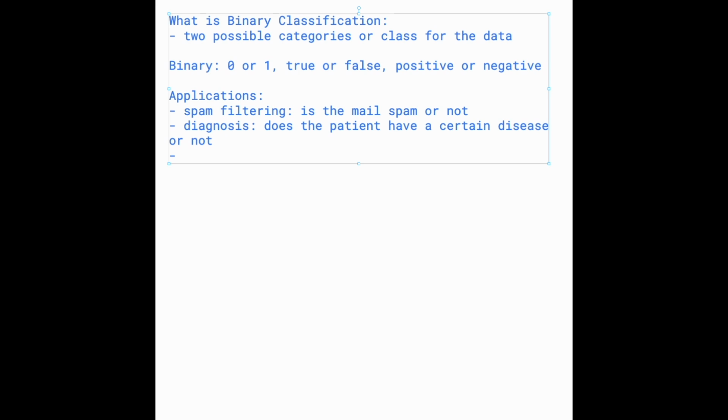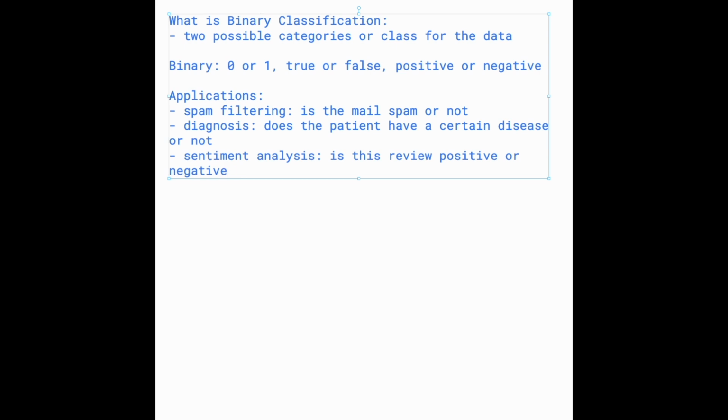It can also be for, let's say, sentiment analysis. And this is like, is this review for, let's say, a restaurant positive or negative? So you can see here that it's all spam or not, disease or not, positive or negative. It's that kind of concept of binary classification.